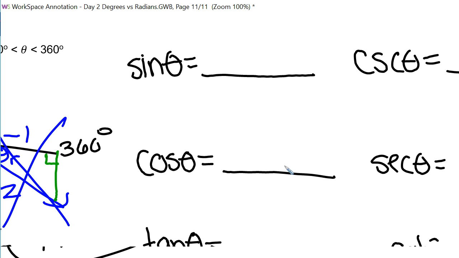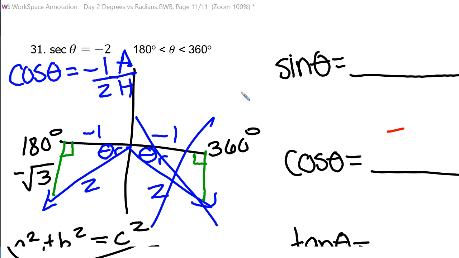And they gave us the secant. What was the secant? -2. So the cosine was? -1 over 2. The adjacent side is negative.